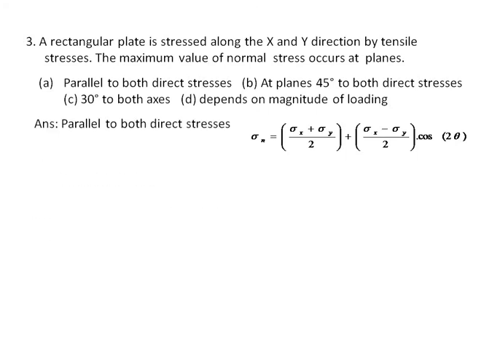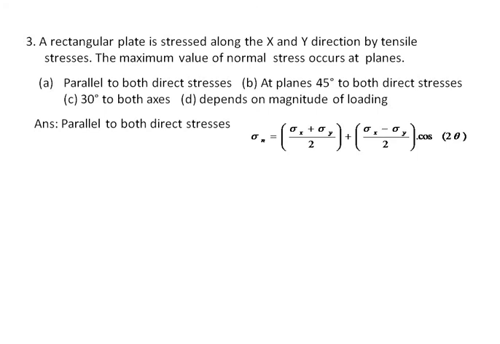Normally theta is measured from the y direction, from the y axis. Remember, theta is measured from the y direction. So when theta is 0, it is parallel to the y axis, and when theta is 90 degrees, it is parallel to the x axis.